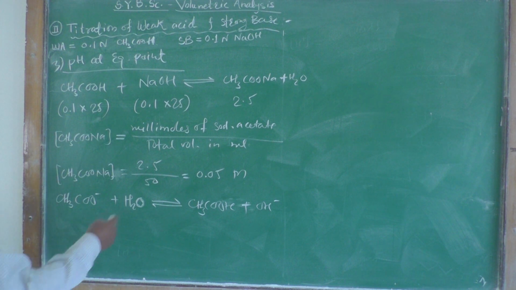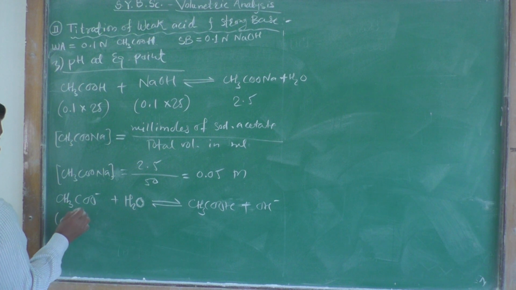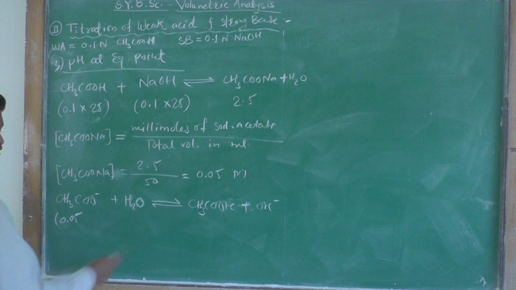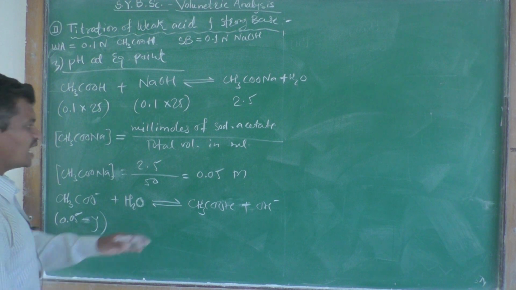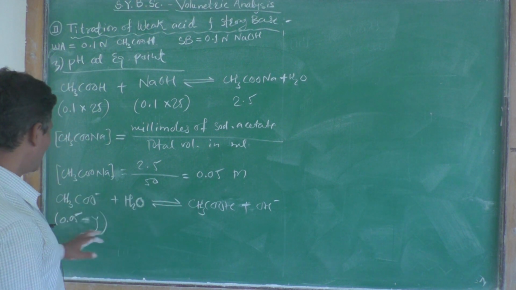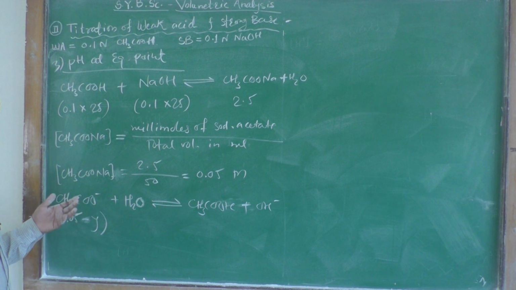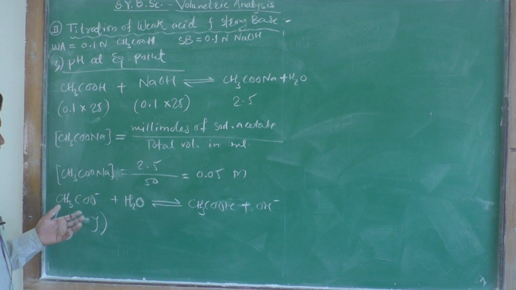Now the concentration of this is 0.05 molar, minus y. Minus y means that out of this concentration, y millimoles of these acetate ions, or sodium acetate, will undergo hydrolysis.